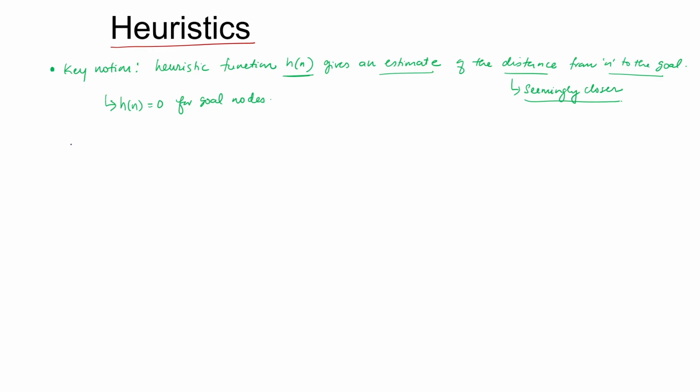Okay. So, let us look at it as an example. Straight line distance for a traveling problem. Let us use straight line distance as the problem domain specific knowledge.